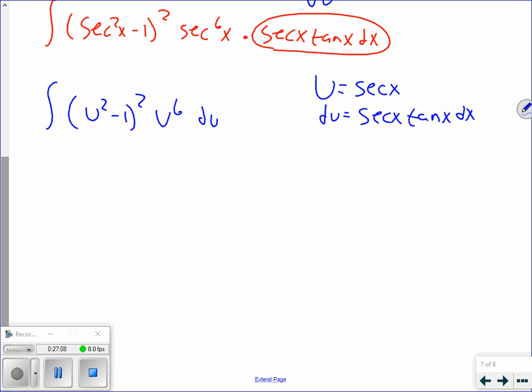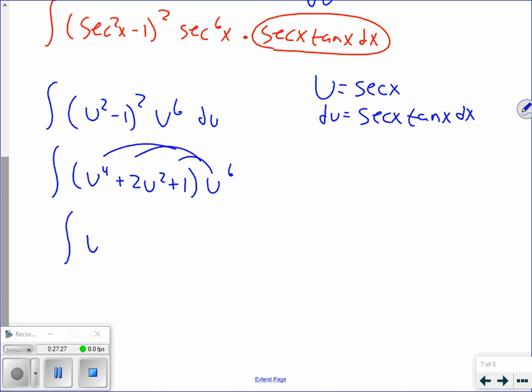And this is beautiful. This is just a polynomial that I can simplify and integrate. If I were to FOIL, that's u to the 4th minus 2u squared plus 1 times u to the 6th. And I can distribute that u through as u to the 10th minus 2u to the 8th plus u to the 6th du.